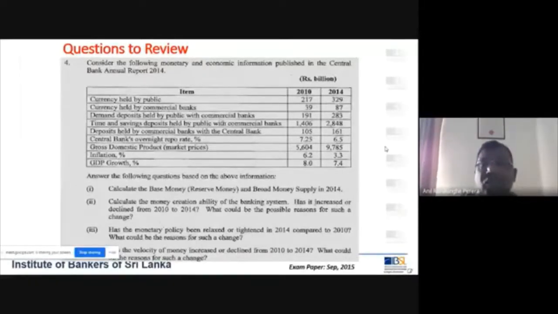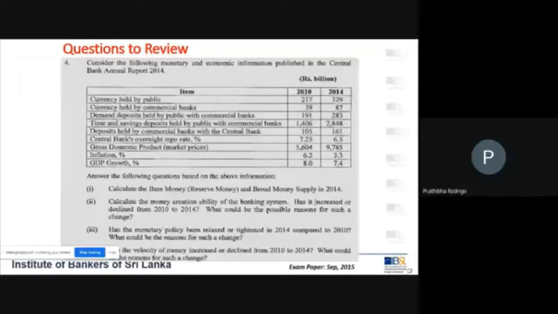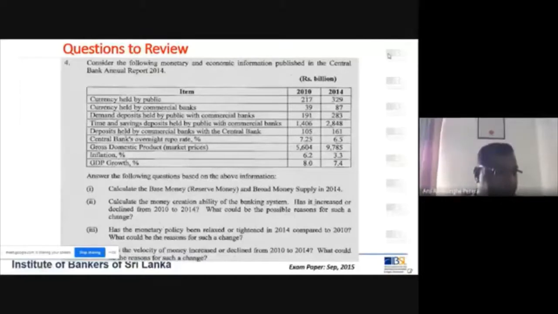Does anyone want to unmute and give the answer? 490. Okay. What did you consider in compiling reserve money there?